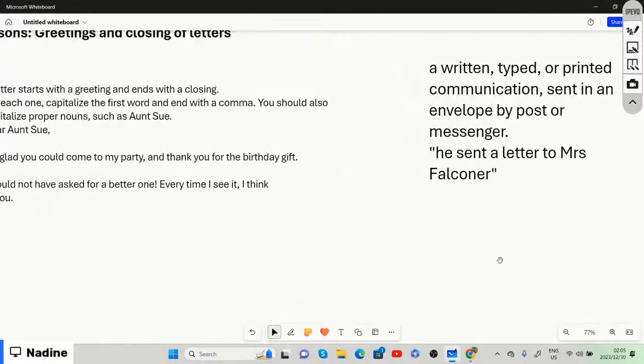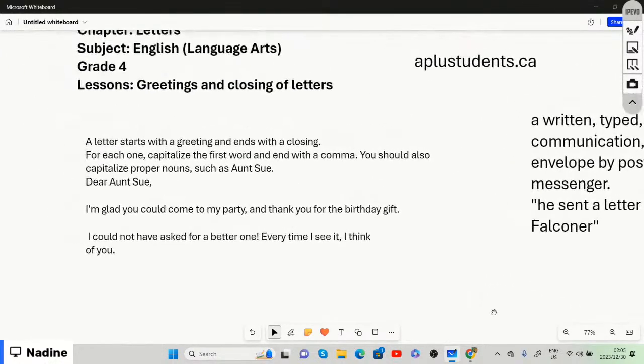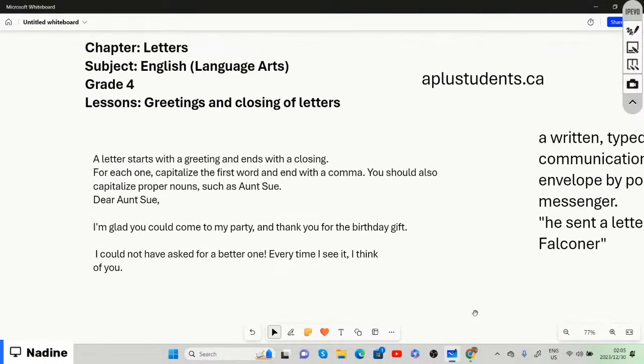Our chapter is letters. The subject is language arts, which is English. Grade 4. And the lessons that we're going to be focusing on under the chapter of letters are greetings and closing of letters.